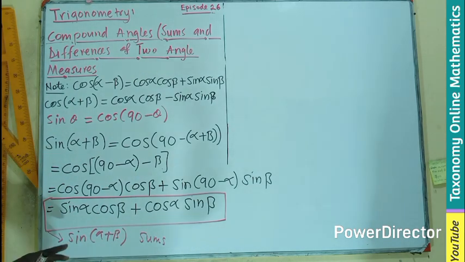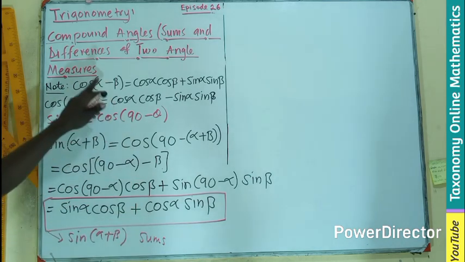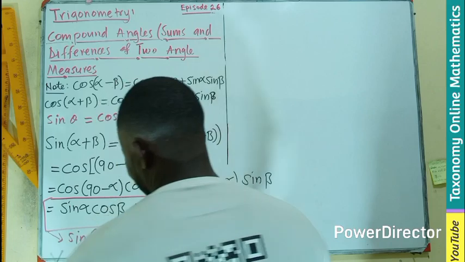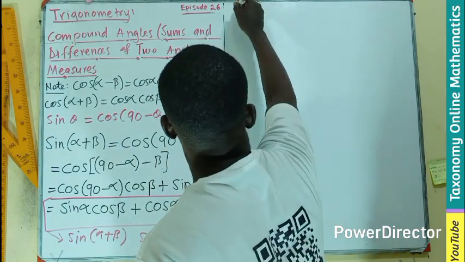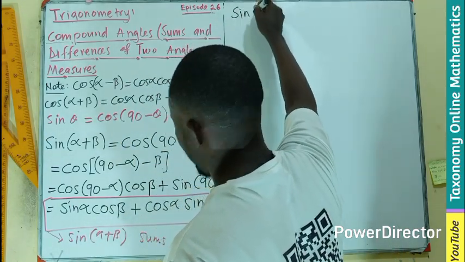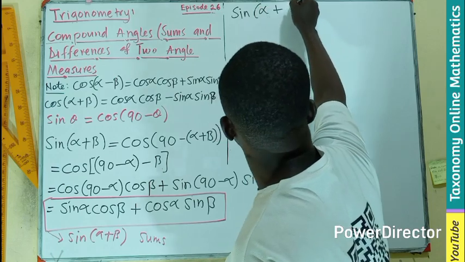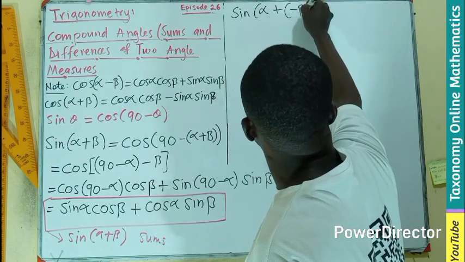We have done sums, now we need to find the difference. And how do we find the difference? It's going to be sine of alpha minus beta. But can I write this as sine of alpha plus negative beta?